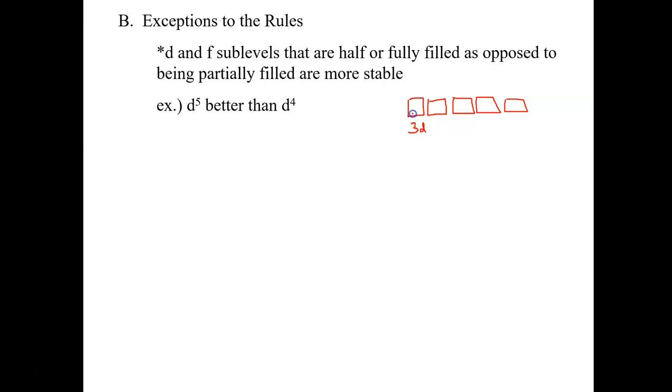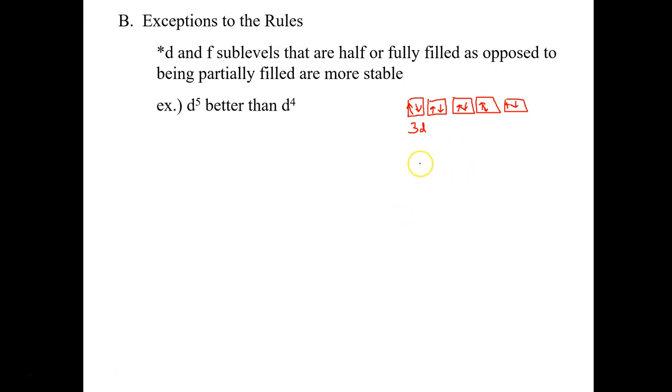Well, if each box is an orbital that can hold 2: 1, 2, 3, 4, 5, 6, 7, 8, 9, 10, right? So a D could hold a total of 10, which means if a D is holding all 10, it would be really stable. And if D was only holding half of that, 5 of these, it would also be really stable. So that means that a D5 is better than a D4, right? Because D4 wouldn't be half filled yet, but a D5 would be.